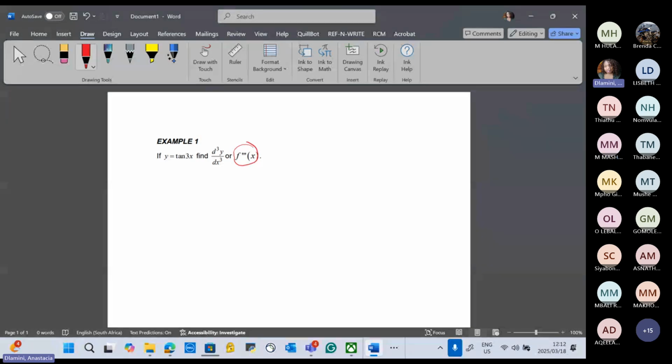So let's start. dy/dx will be equals to what? We shall keep quiet because some of us forgot the standard derivative functions. dy/dx is what? 3 sec squared 3x.